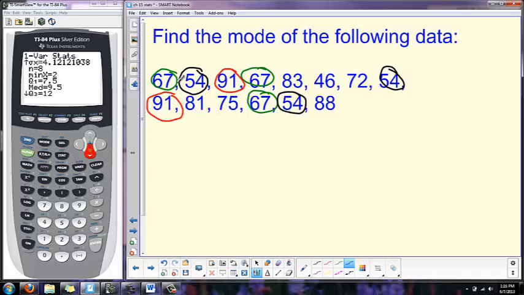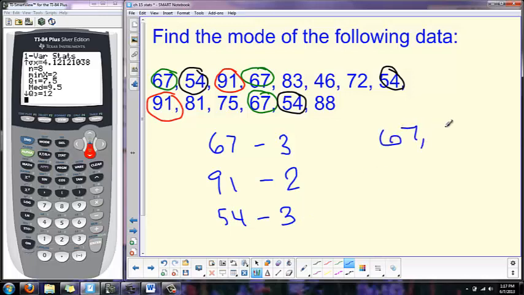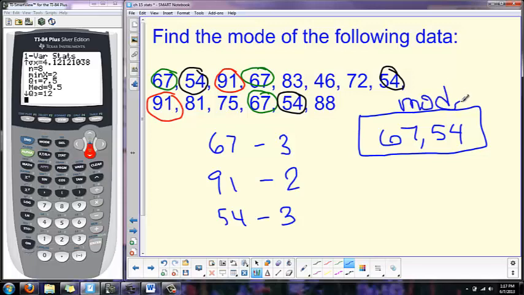Okay, so I see 67 repeating 3 times. That one has 3. 91 is repeated twice, and 54 is repeated 3 times. So the mode in this case are 67 and 54 because they repeat more than any other number, and because it's equal both at 3, they're both the mode. So we have 2 modes this time. Okay?